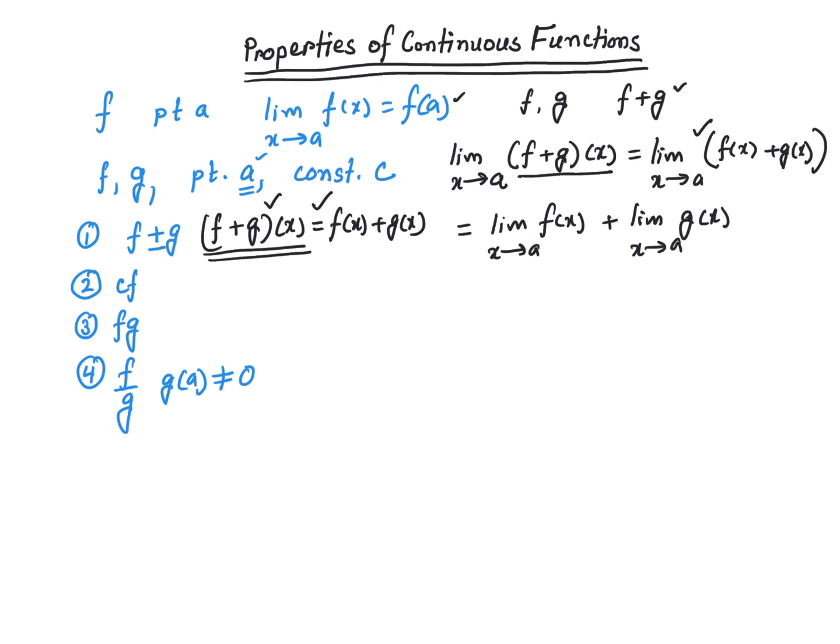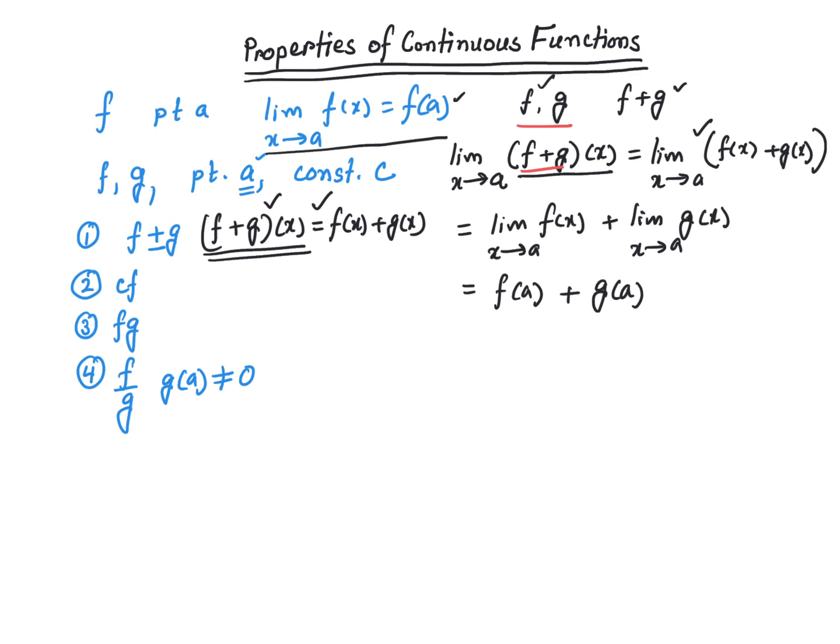Now, it is already given that the function f is continuous at point A. So by definition of continuity, this must be equal to f of A plus, for g, g of A. So we just showed that if f and g are continuous functions, then so is f plus g.